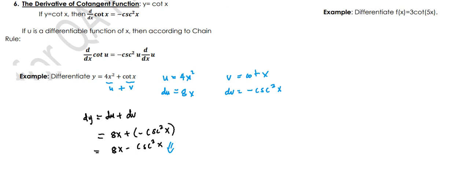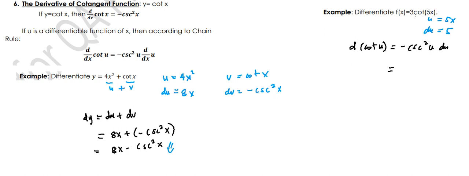Let's have another example. So here we have a u that we can use. And that is 5x. So if u is 5x, our du is 5. Okay? And then, let's just apply this to our formula. So we have the derivative of cotangent u is equal to negative cosecant squared u du.